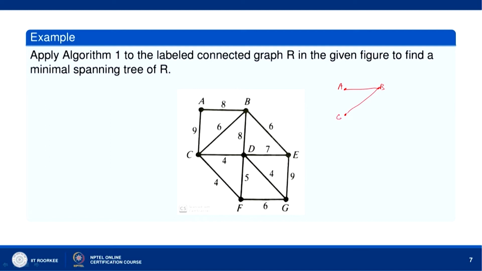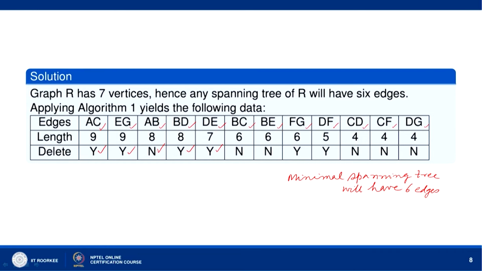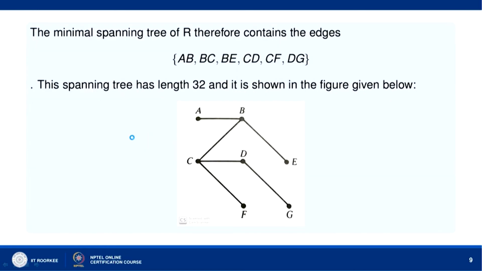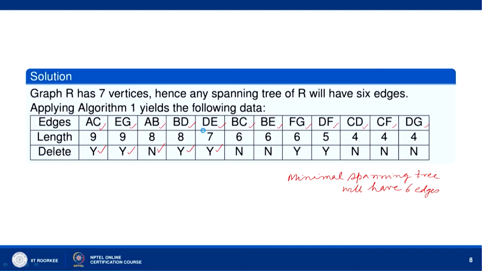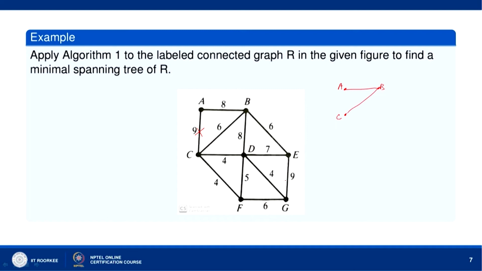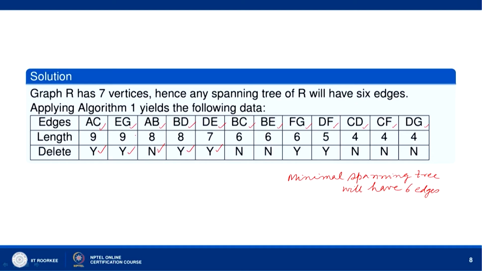If we delete BC, what happens? We have deleted AC, we have deleted EG, and then we have deleted DE. BD we have deleted, and AB we have not deleted.